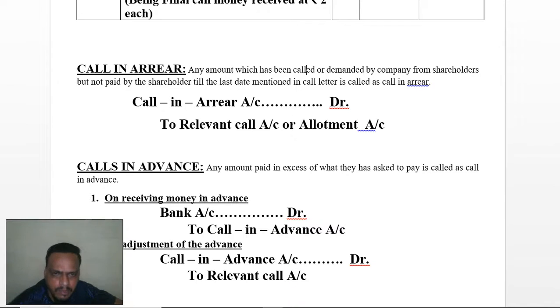So here it has been mentioned any amount is excess for of what they have been asked to pay is called as call in advance. The amount which has been excessively paid or advancedly paid, it has to be known as call in advance. I have mentioned two entries over here. One entry is here on receiving money in advance.